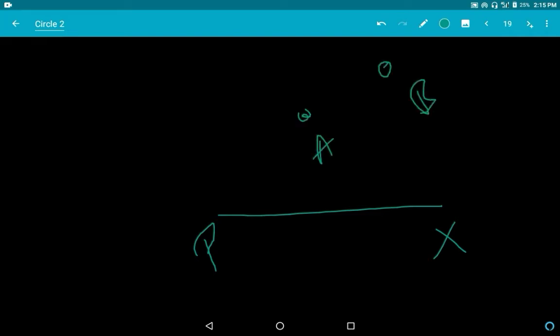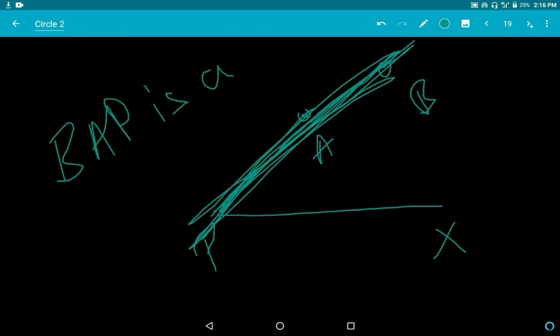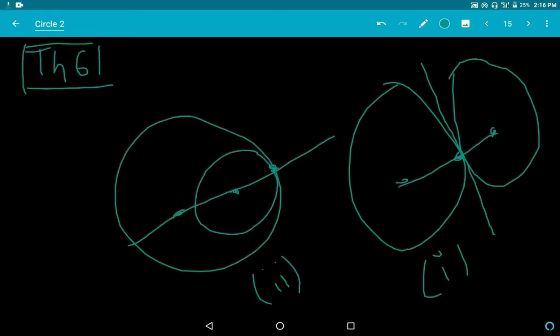If I say XPA is equal to XPB, so obviously XPB has to pass through A. So this thing becomes one straight line. So BAP is a straight line. So in both cases I told you that this thing passes through the same line.